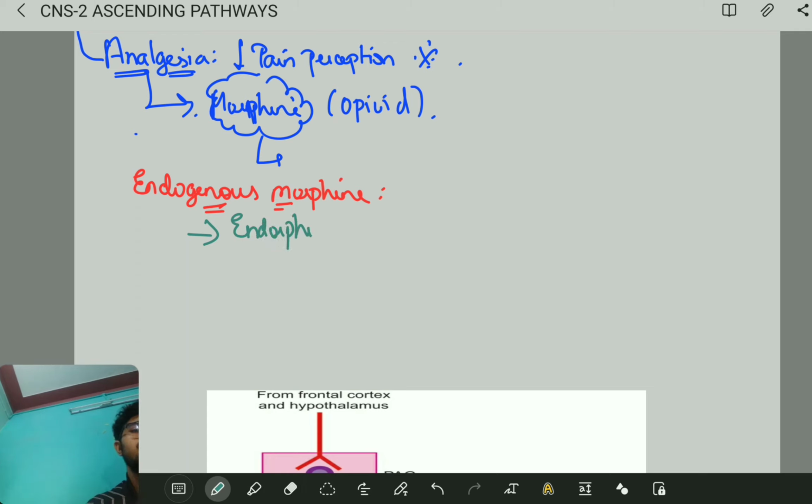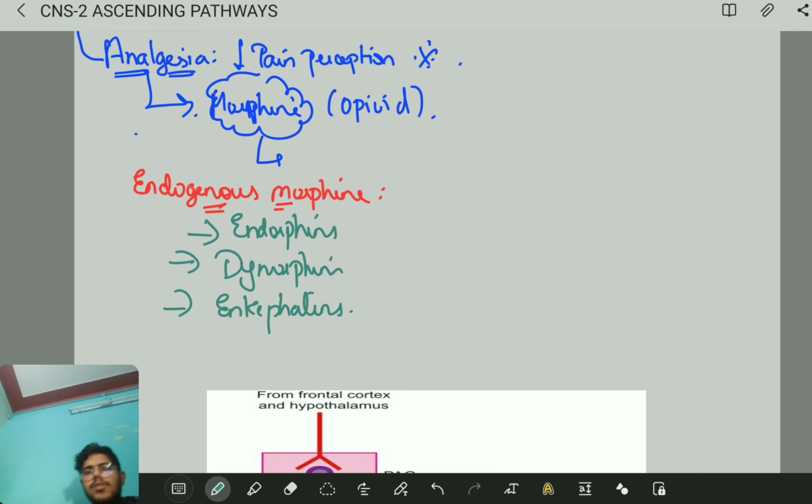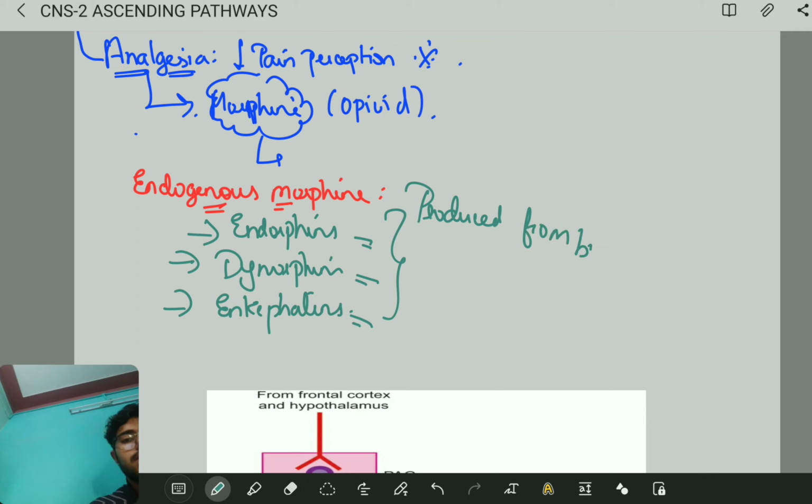We have endorphins in our body. We have dynorphins in our body. And also we have enkephalins. Endorphins, dynorphins, enkephalins. These three are produced in our body in the form of opioids.